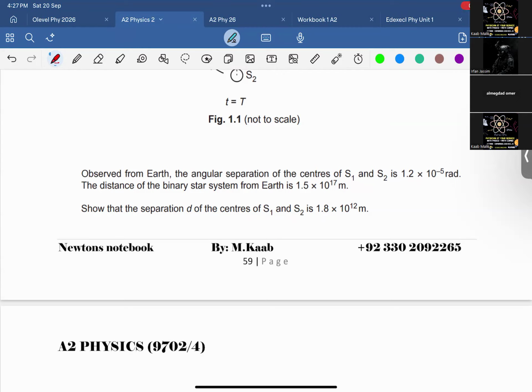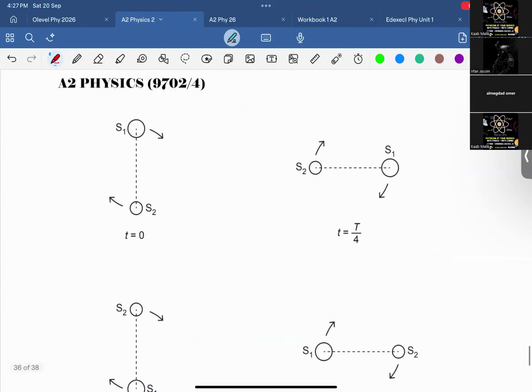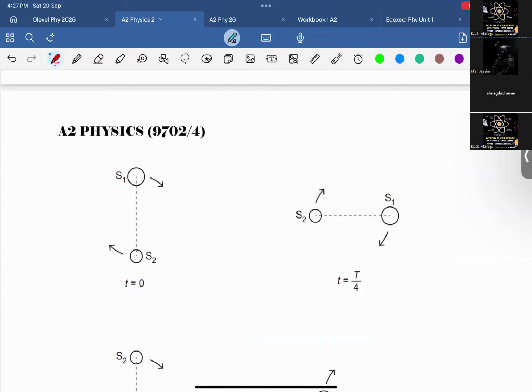If we try to imagine, they're saying observe from the Earth. Let's say the Earth is right here.